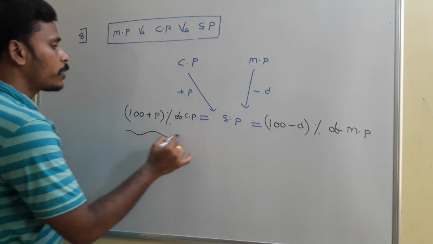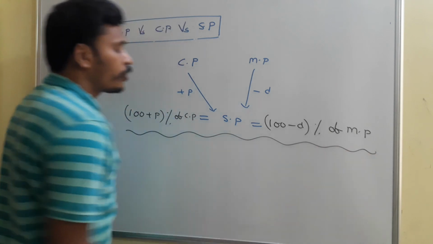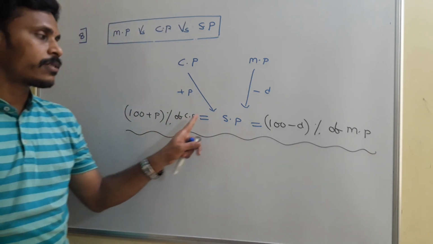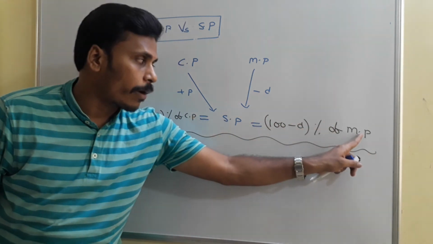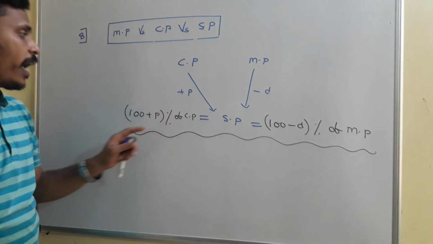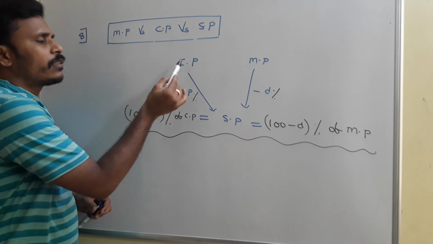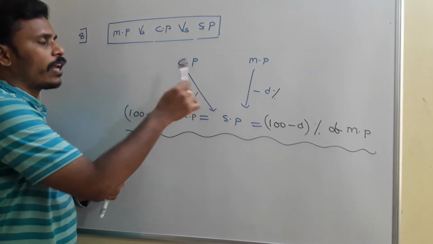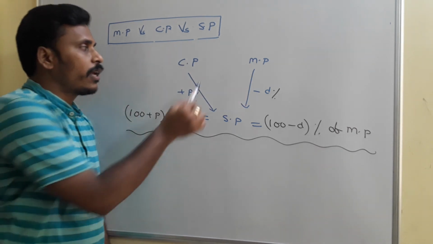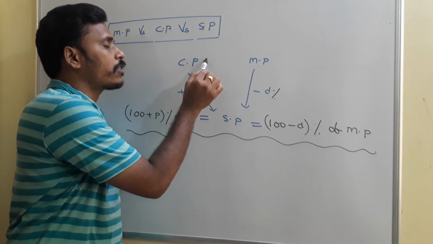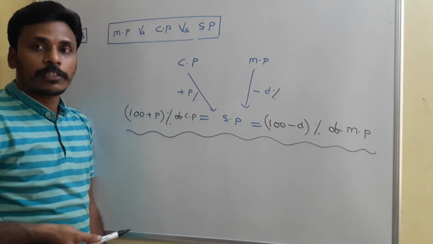If you observe this particular line, it involves cost price, selling price, market price, discount percent as well as profit percent. We don't know in which way the relation between cost price and market price is given; it may be given as per the problem.